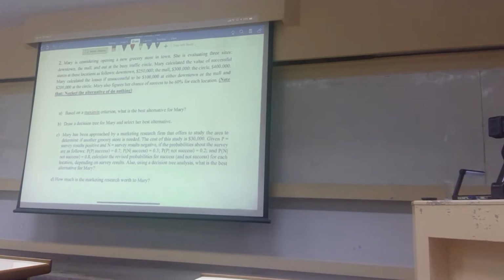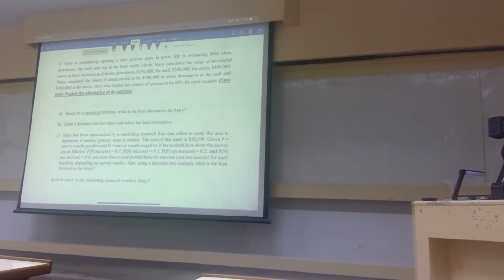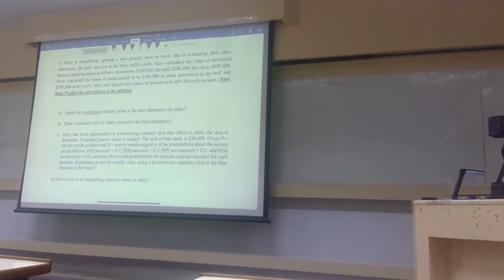Note the alternative of doing nothing. Okay? So in the real world, we should always include the alternative of doing nothing, because sometimes we try to select among the alternatives, but maybe doing nothing is the best one. Okay, don't forget this one. So we have 4 questions again. Question A is the maximax criterion, and question B is to draw a decision tree and find the best alternative.